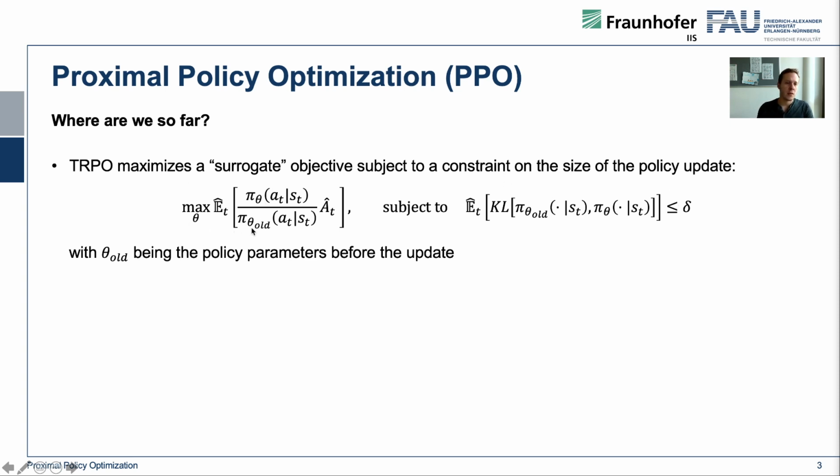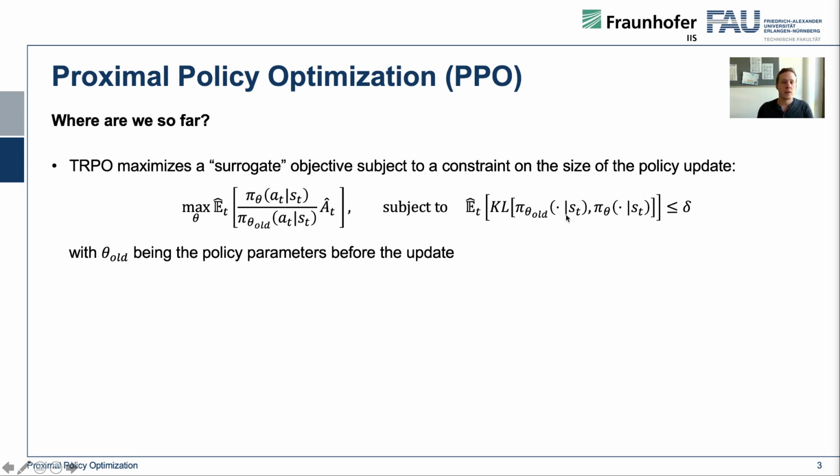What you see in here is that we want to maximize the expected return, and in TRPO we want to maximize this term, which means that depending on the advantage, we want to increase the probability of taking certain actions in a state under a new policy divided by the probability of taking those actions in those states under an old policy. And this was subject to a KL constraint.